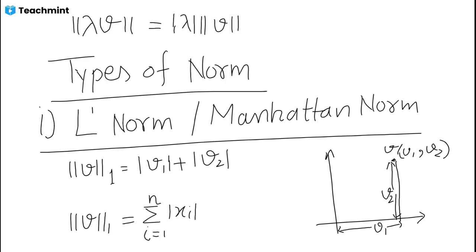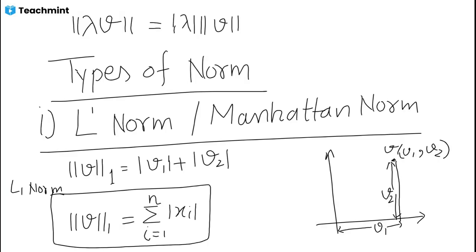Like in 3D we add the absolute values of v1, v2 and v3, and up to another component. So this is the standard formula to find the L1 norm.